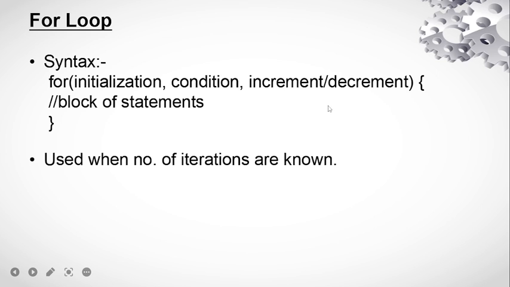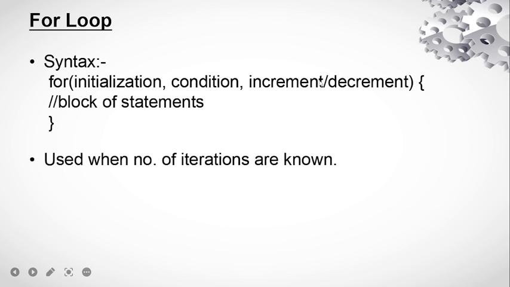The basic concept behind this is that first of all you initialize the variable. This initialization part is executed only once. After that we check the condition. If the condition is satisfied, it enters the loop and executes the block of statements. After that it increments or decrements the variable.